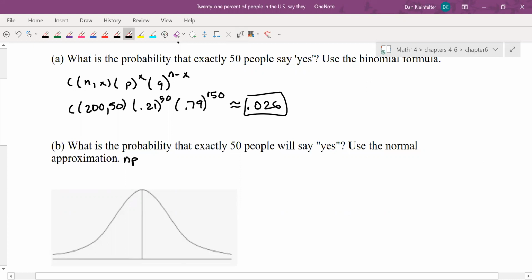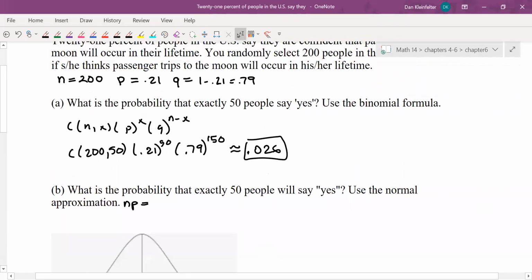So our NP is N, which is 200, times P, and that's 42, which is bigger than 5, so that's okay. Our NQ is going to be 200 times 0.79, which is 158. That's also bigger than 5, so that's okay. So we're justified in using this normal approximation.